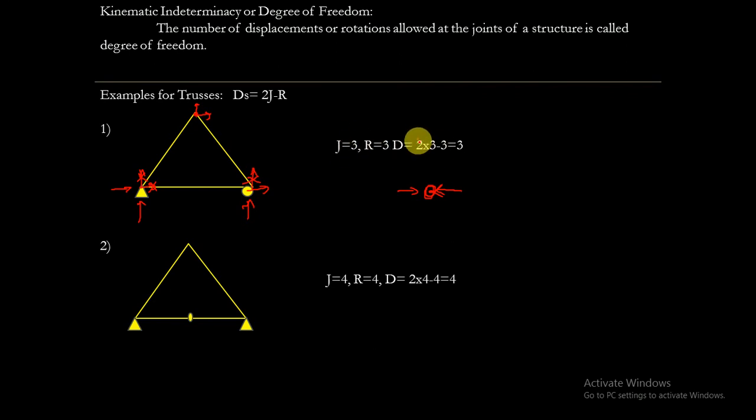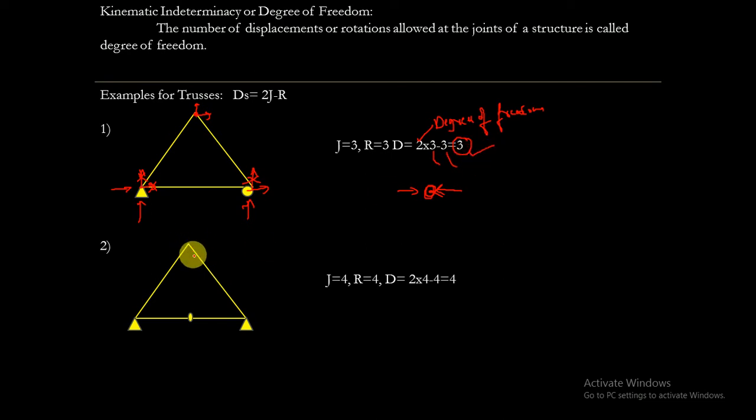So the number of joints is 3, therefore 6 degrees of freedom, minus the reactions. We have 3 reactions, so 6 minus 3 equals 3. That is, the kinematic indeterminacy of the structure is 3.